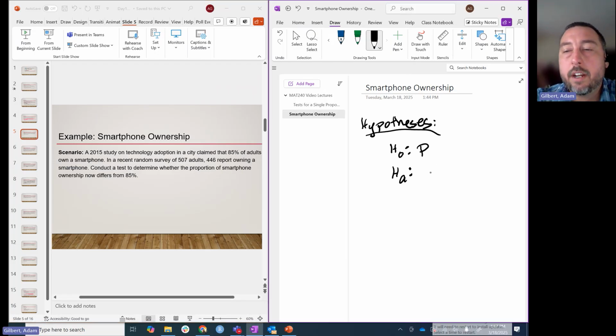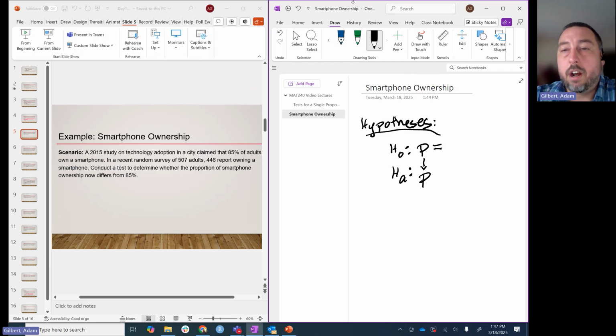So at this point, we know that the parameter that we're using is a proportion. It'll be P. And we've said that always in the null hypothesis, we're going to use an equal sign. As soon as the parameter that we've used in the null hypothesis is a P, we know that that same symbol is going to be used in the alternative hypothesis, so we get that for free.